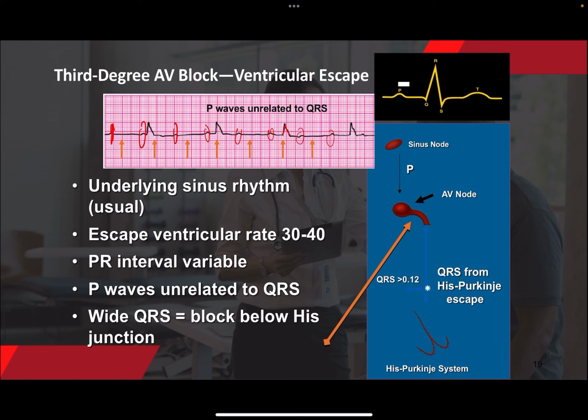It's regular. It measures the same all throughout. And then your P wave here, your QRS complex here, and then here, and then here, they all measure the same. So it's a regular rhythm with unrelated P to QRS complex ratio.